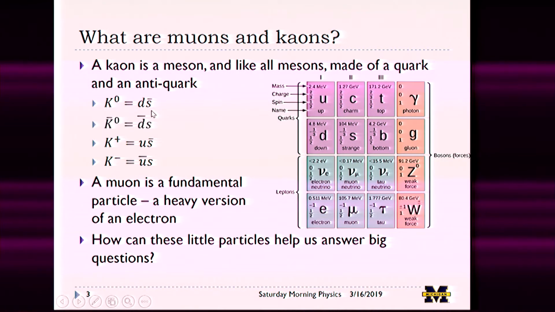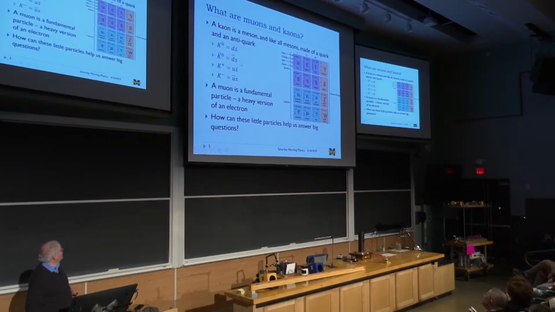So a K0 is a D and an S bar, this quark and an antiversion of this. A K0 bar is just the opposite, antiversion of this. For a K plus, we take this one, and for a K minus, we take the antiversion of this one.